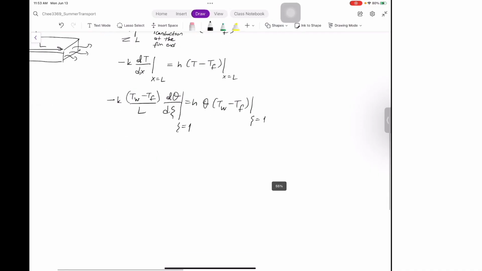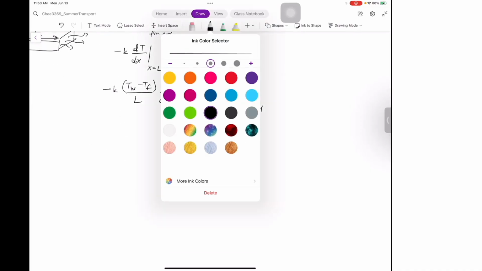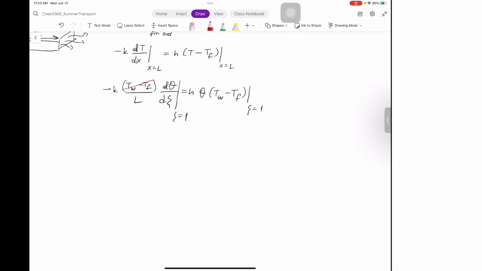And then you can see that T wall minus TF cancel, right? And you get this nice boundary condition where you have d theta over d psi at psi equal to 1 is equal to minus H L over K, times theta at psi equal to 1.